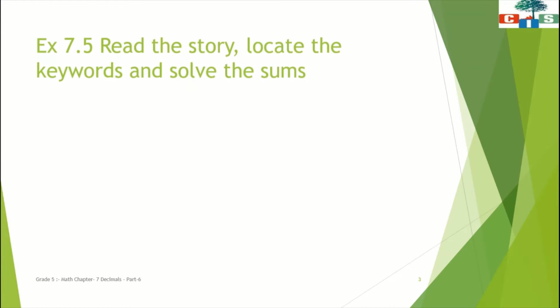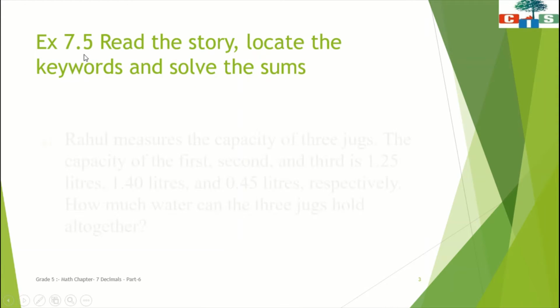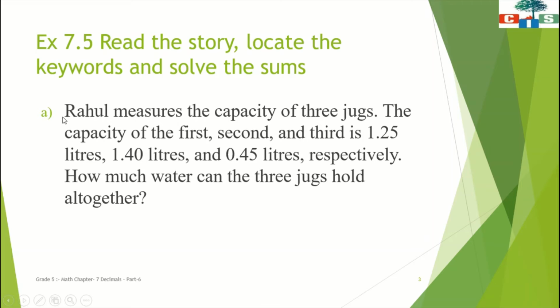Here we have the first sum of exercise 7.5: Rahul measures the capacity of 3 jugs. The capacities of the first, second and third are 1.25 liters, 1.40 liters and 0.45 liters respectively.